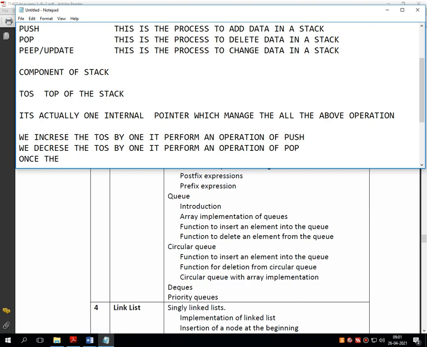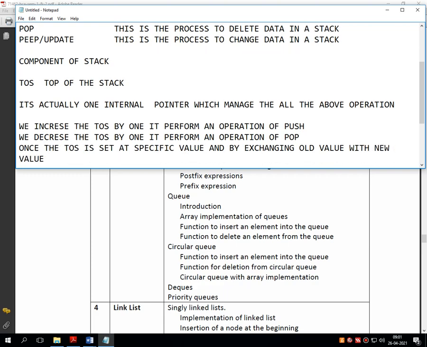Once the top of the stack, or we can say once the TOS is set at a specific value, and by exchanging the old value with the new value, the operation is called the pip operation.